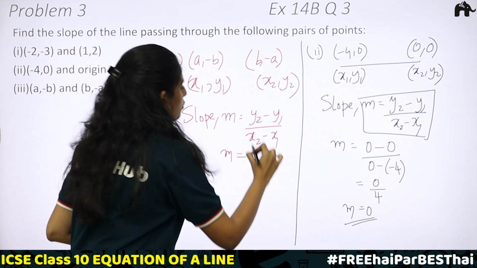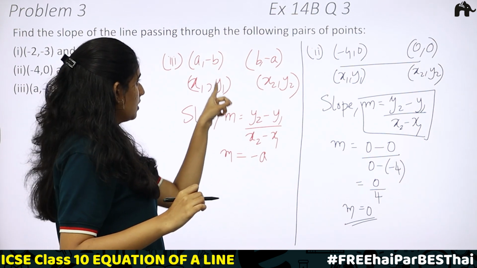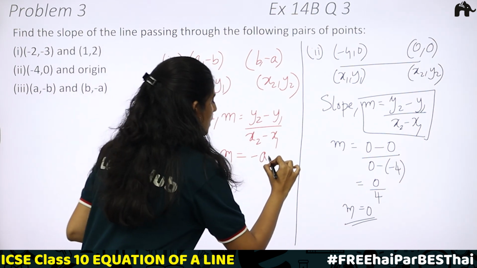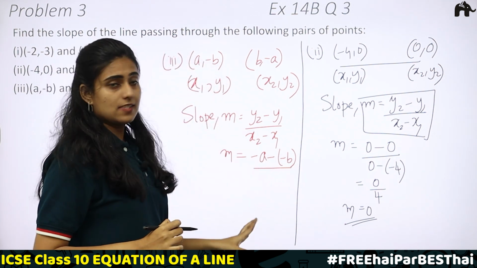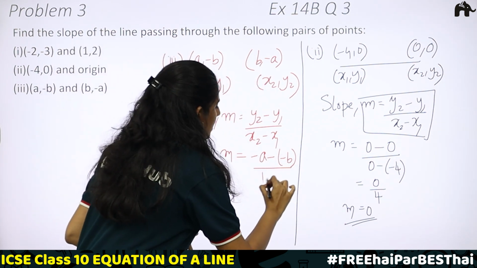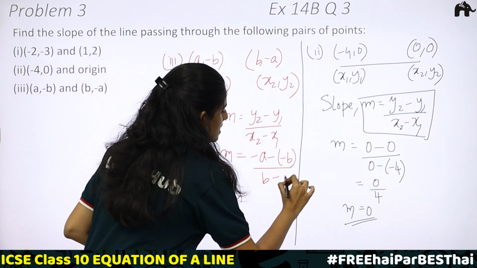Here y2 is equal to minus a, y1 is equal to minus b. Minus b divided by x2 minus x1. x2 is equal to b and x1 is equal to a. b minus a.